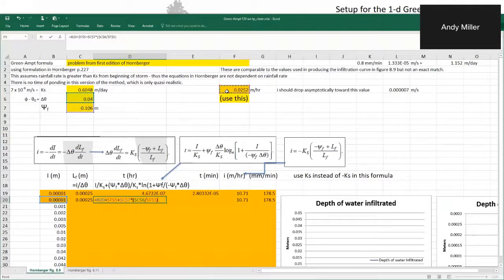Close parentheses. And now I'm going to multiply it by log base e, or what we all know as natural log.